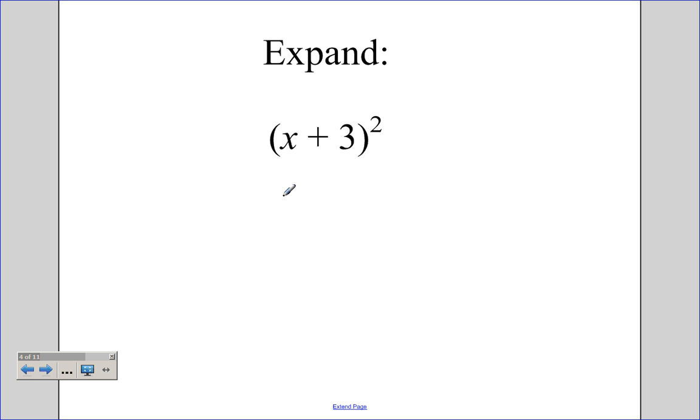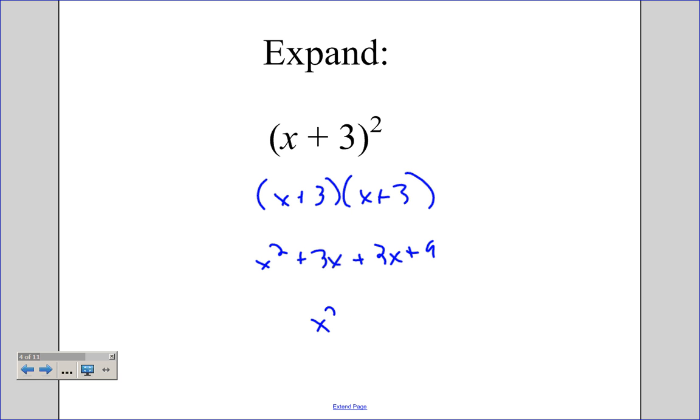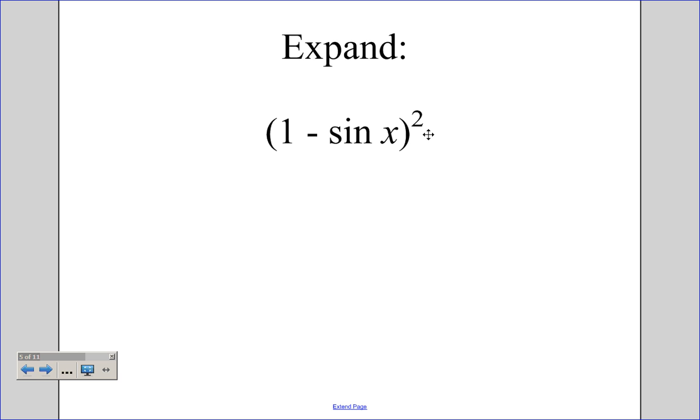If I expand this, x plus 3 squared, that's x plus 3 times x plus 3, so that would be x squared plus 3x plus 3x plus 9, so that's x squared plus 6x plus 9. We could do the same with 1 minus sine squared. So we have 1 minus sine of x, 1 minus sine of x.